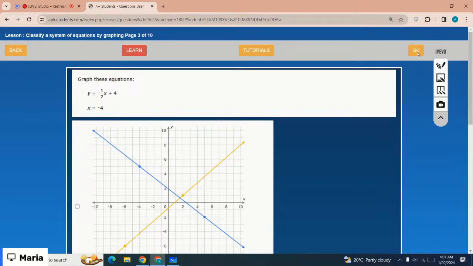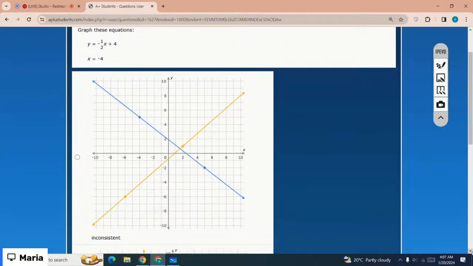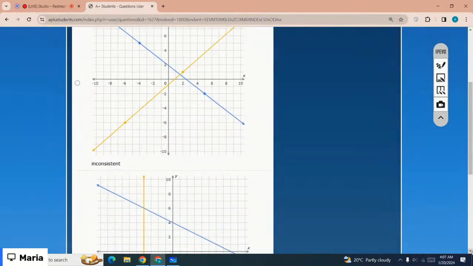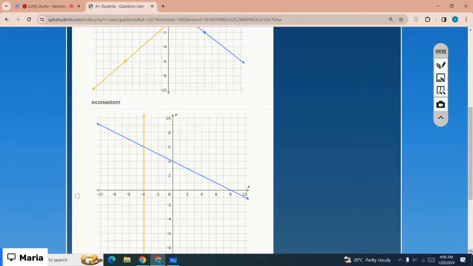Okay, the next one is graph these equations: y equals negative 1/2x plus 4 and x equals negative 4. Which is the correct option? Here is the graph given. Option 1 or option 2, which is the correct option? Option number 2 is the correct option.